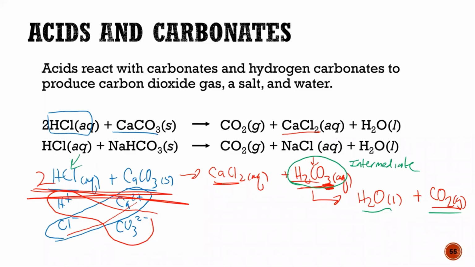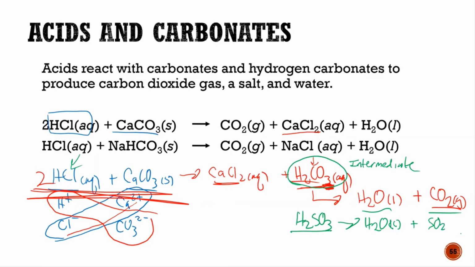So there's a couple other unstable intermediates that break down as well. The sulfurous acid, if you ever form this in a double displacement, it decomposes into water. And what would be left over from the H2O if I subtract it from H2SO3, the sulfurous acid?